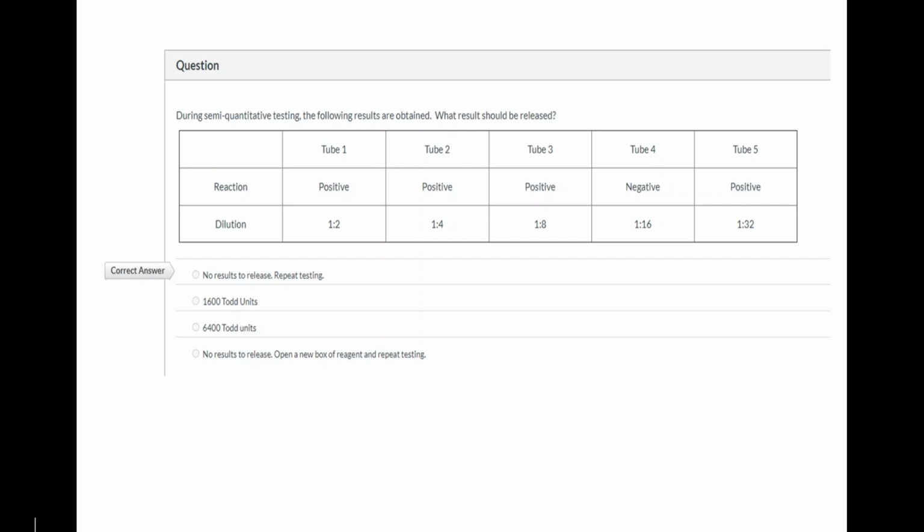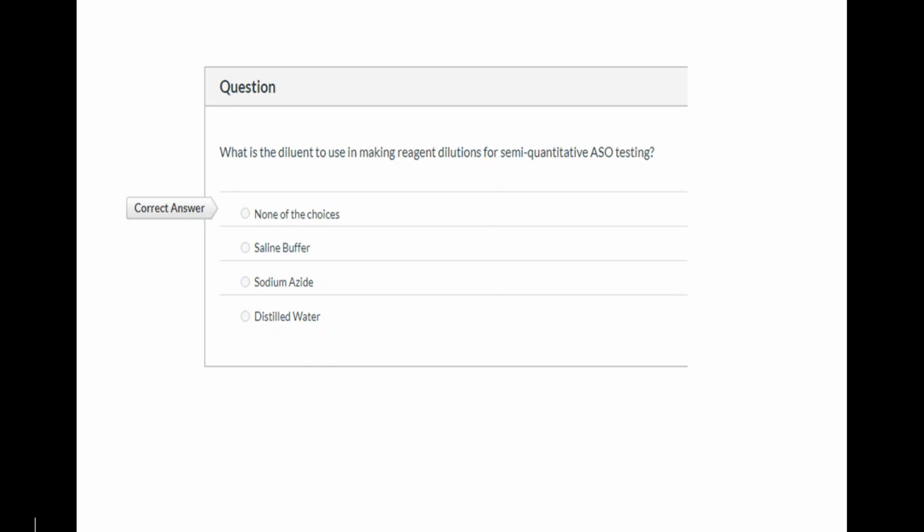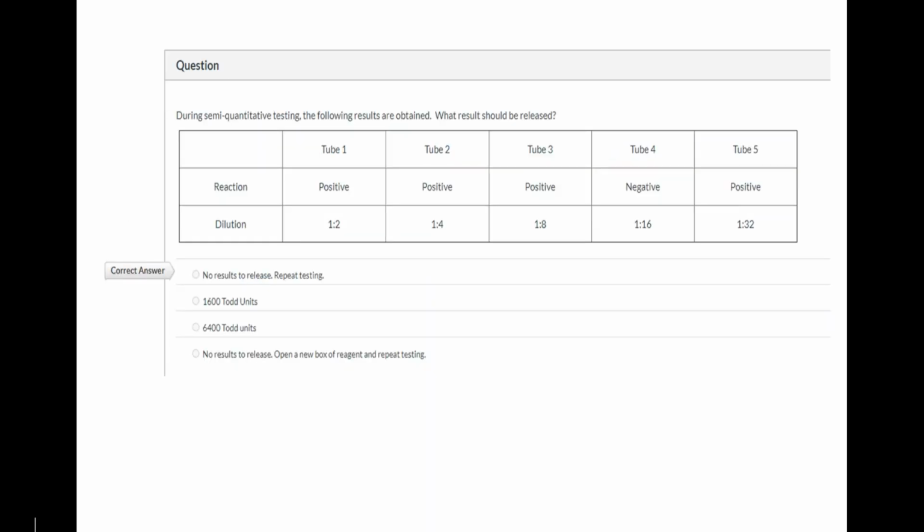So if agglutination is seen, it should be on tube 4 rather than on tube 5 in this case. So if this is the scenario that was given to you, you can say, class, that something is wrong in the setup of the medical technologist, because tube 5 should not yield a positive reaction if tube 4 yielded a negative reaction.